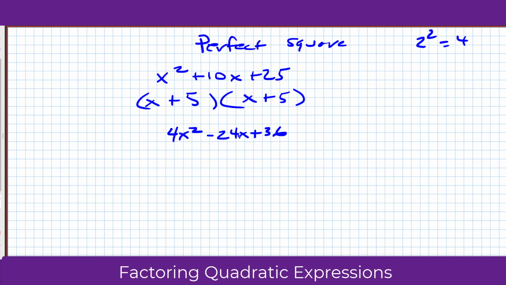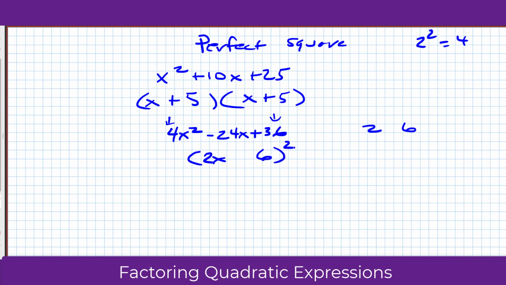Is the first term a perfect square? Yes, 4 is a perfect square, and 36 is a perfect square, right? It's 2 and 6. So if those two are perfect squares, then we can say 2x and then 6.